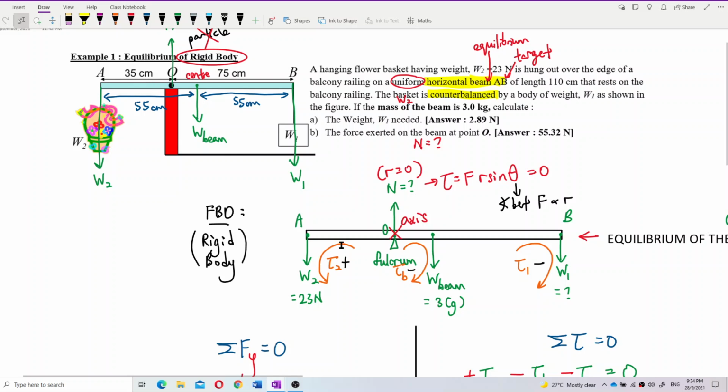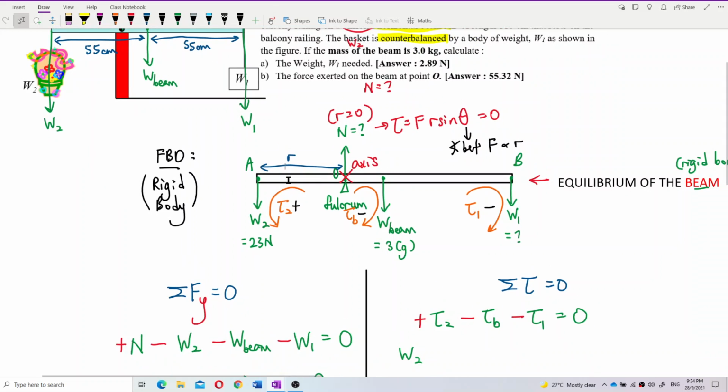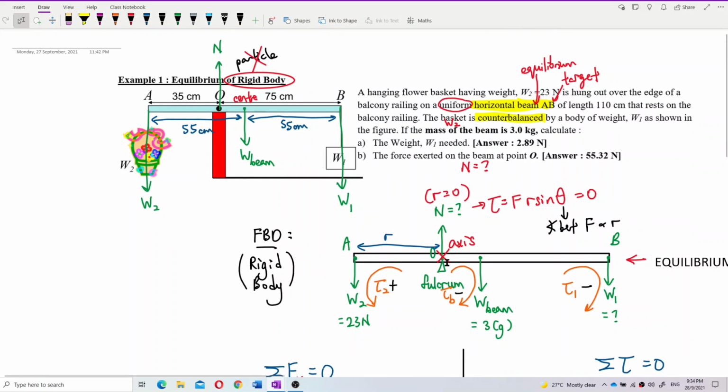Okay. So I need to find what distance. I need to find this distance. This is the R. The R for the distance. The R for torque 2. The distance from W2 to axis of rotation. This is the R. So how far is this? Yeah, AO. AO is 35 cm. So you need to change to SI unit also.